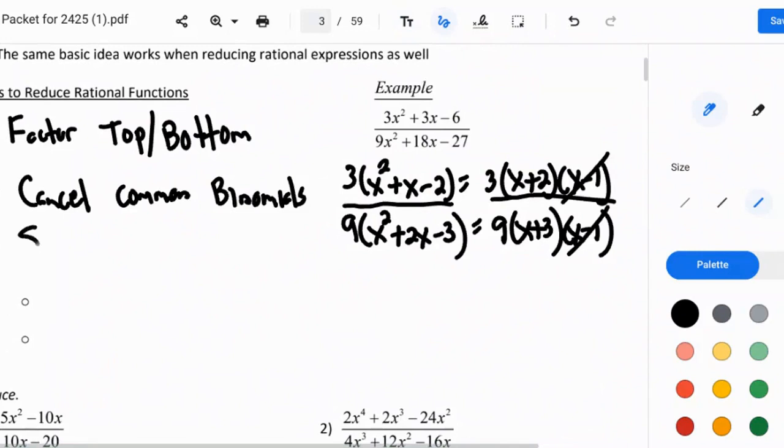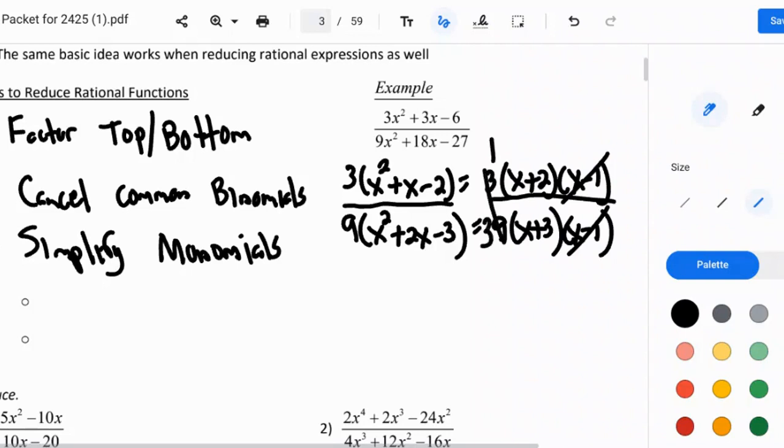And then step 3 is to simplify my monomials. Those are the things on the outside that we pulled out as a GCF. So if we simplify these monomials, I think 3 divided by 9 can simplify down to 1 over 3. So now I have, in the end, this x plus 2. I have a 3 and an x plus 3.